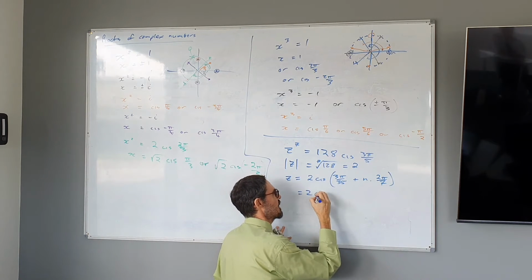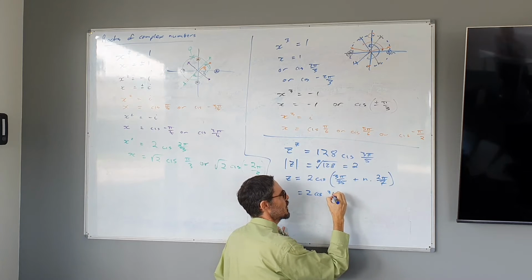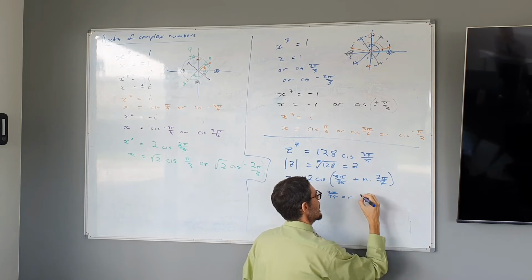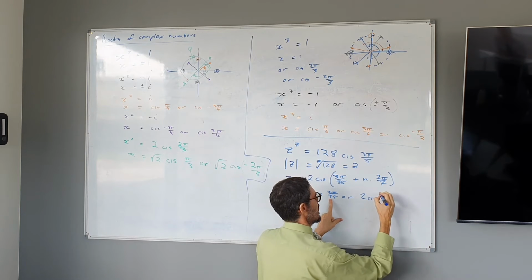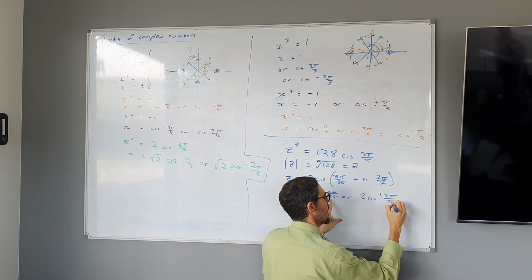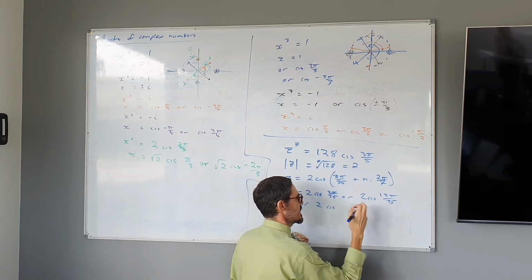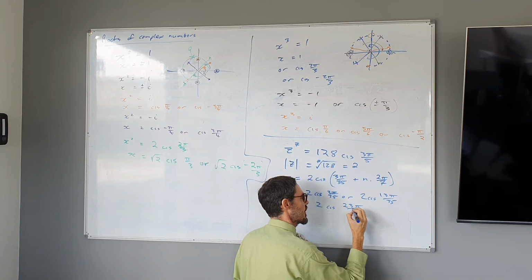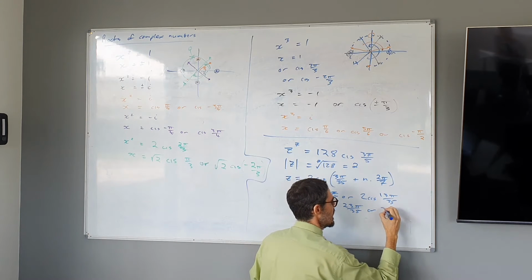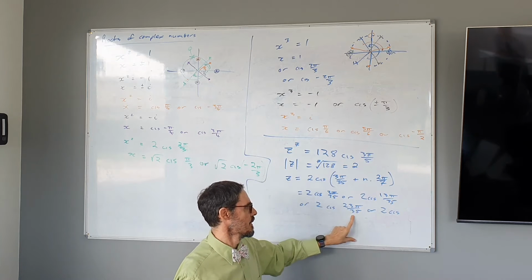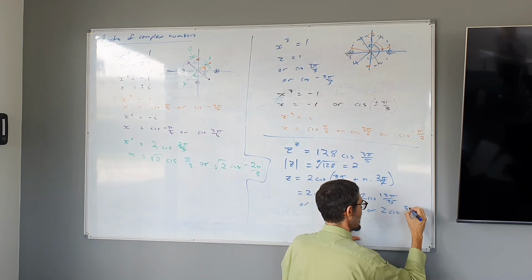So I'm going to have 2 cis 3 pi on 35, or 2 cis 13 pi on 35, or 2 cis 23 pi on 35, or 2 cis 33 pi on 35.